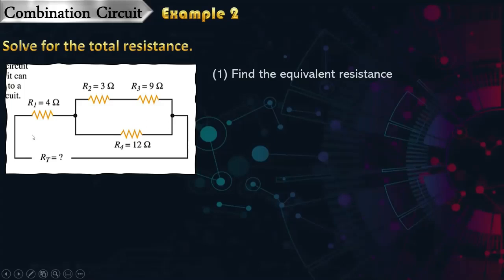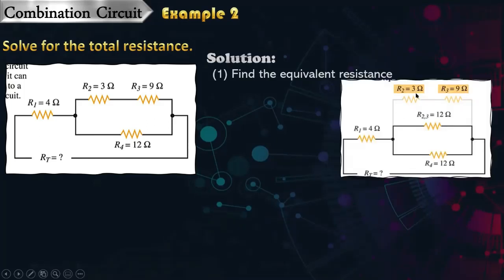So let's start. To solve for the equivalent resistance of R2 and R3, just simply add. So that is 3 plus 9 equals 12 ohms. They are in series, right? And this time, R23 is in parallel with R4. Let's get their equivalent resistance.